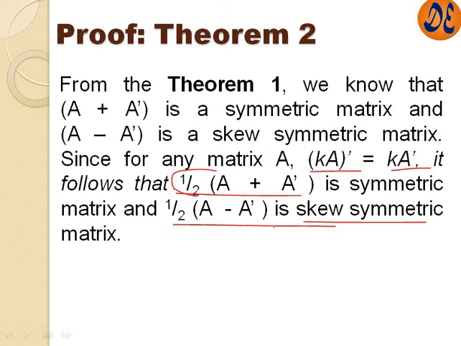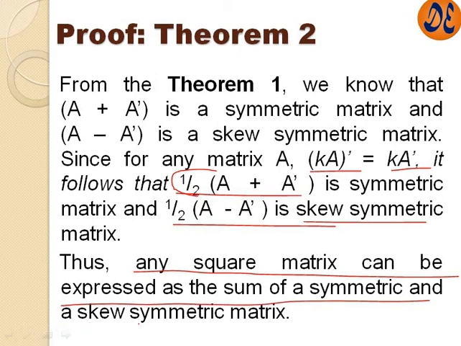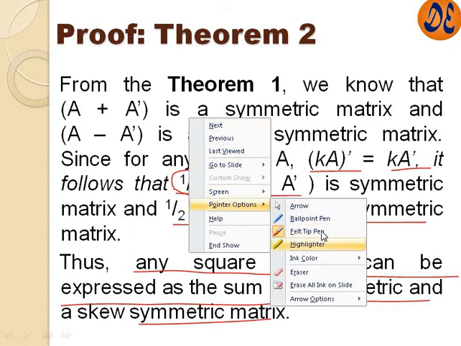Now we will see some examples. Any square matrix can be expressed as the sum of a symmetric and a skew symmetric matrix. So whenever a question comes to express a given matrix as the sum of a symmetric and a skew symmetric matrix, what will you have to do? You will have to express the matrix just in the way I have shown over here.